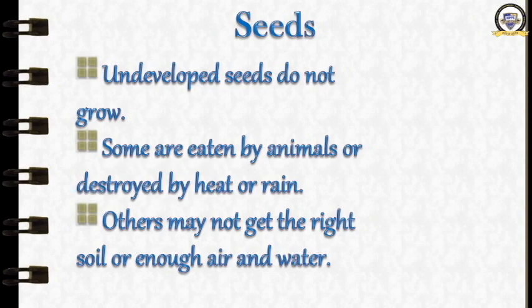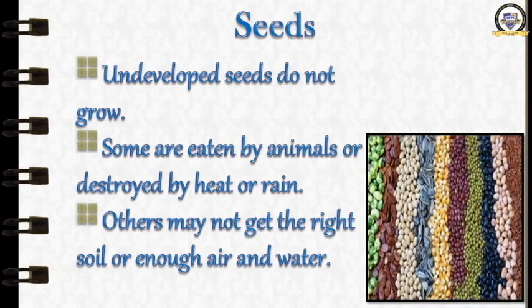The fruits and flowers of the plants carry seeds. Some seeds are developed, some are undeveloped. Some are eaten by animals or destroyed by heat or rain. Others may not have the right soil or enough air or water. It means that all the seeds do not grow.